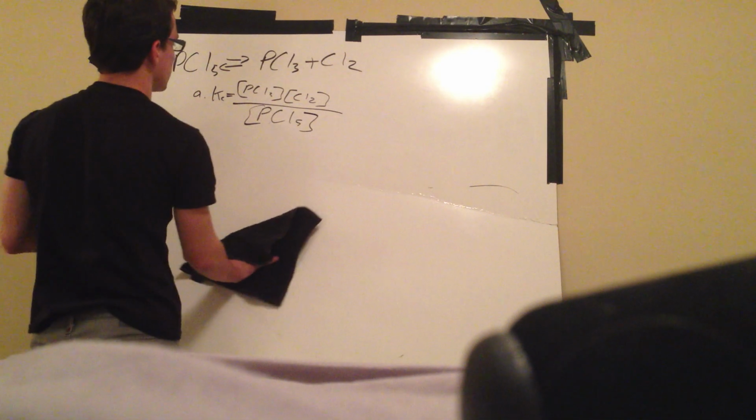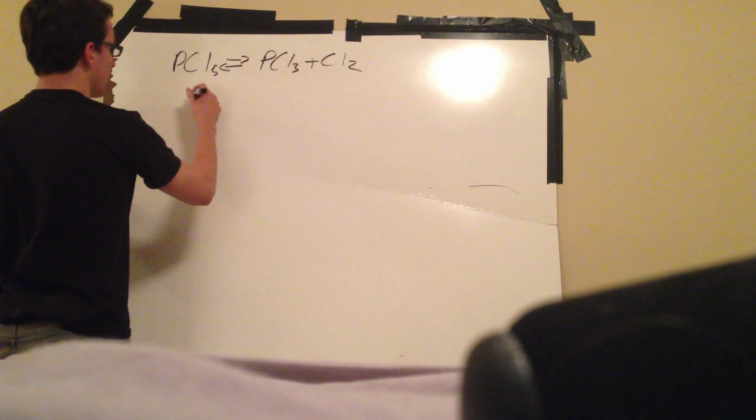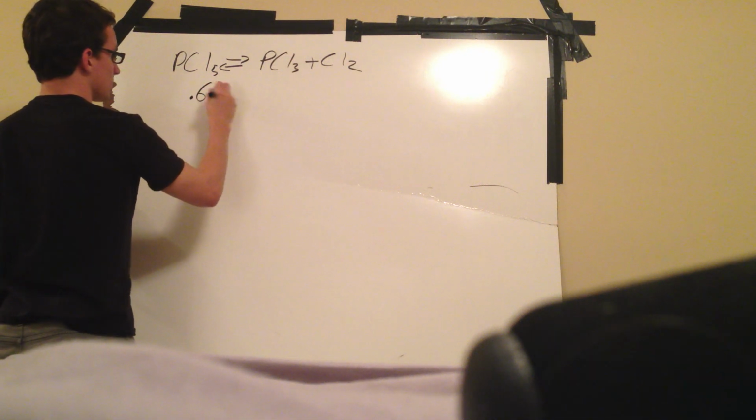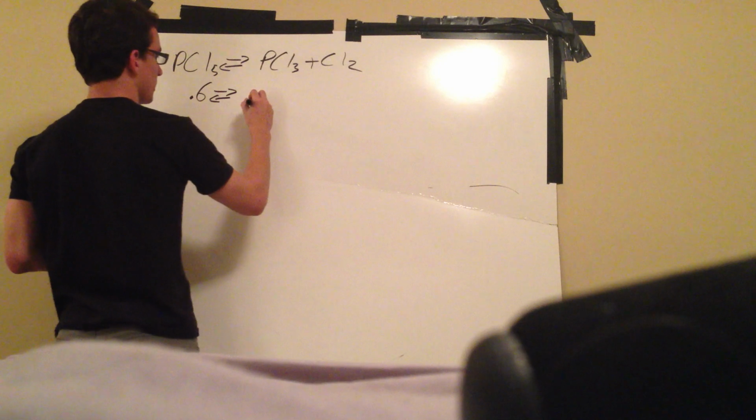Alright, so it tells us, let's erase that actually. So we're given that 0.6 moles of PCl5, so let's plug these things in. 0.6 moles reacts with 0.16, is that what it said? 0.16 moles of PCl3.